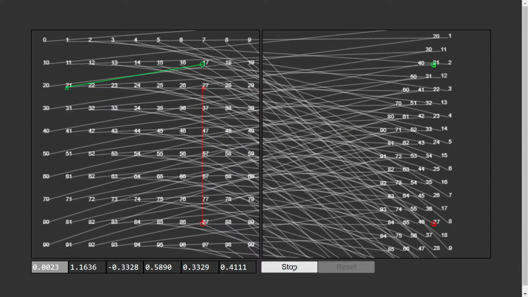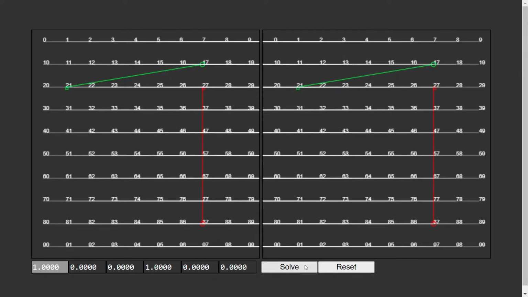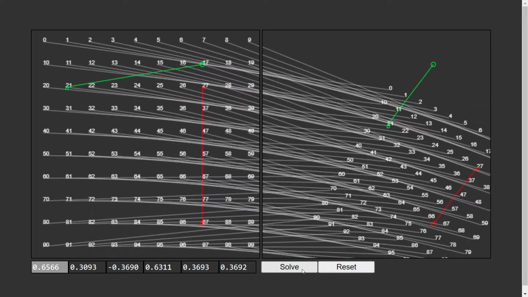Right. Do that again. Okay, so it rotates everything. It also moves it.